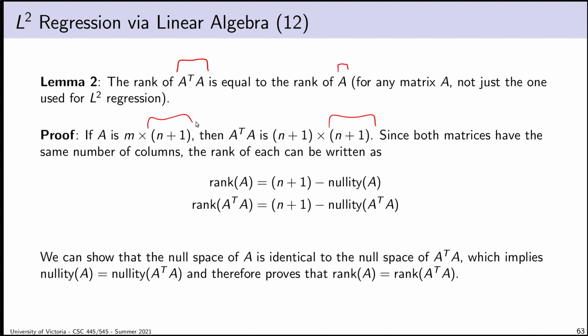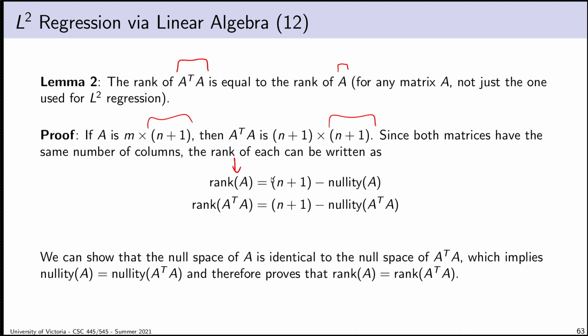Since both matrices have the same number of columns, we can actually write the rank of each matrix using relatively similar terminology. So we can say, well, the rank of A will equal the number of columns minus the dimension of the null space of A, which we typically denote by the term nullity of A. And what we're ultimately trying to prove here is that this dimension is small, that the null space of A doesn't really contain anything.